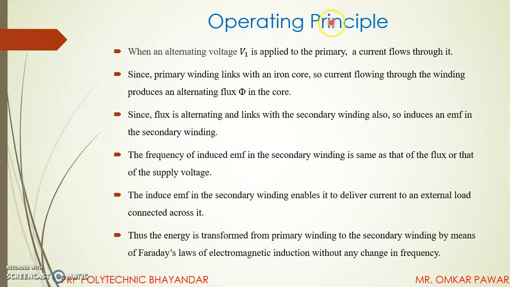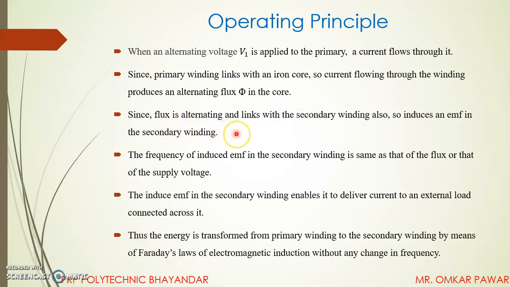So what is next is the operating principle. When an alternating voltage V1 is applied to the primary side, a current flows through it because the primary circuit is closed. Since the primary winding is wound on an iron core, the current flowing through the winding produces an alternating flux phi in the core.